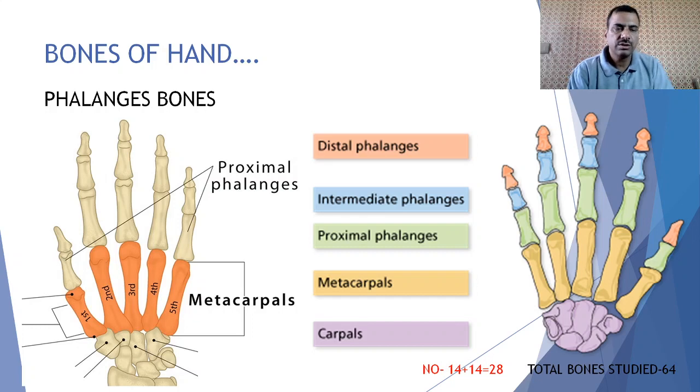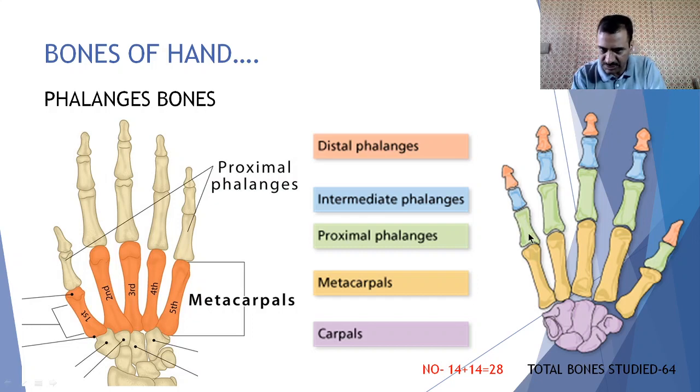Now we come to the phalanges. Dear students, phalanges are long bones, and the number is 14. So 14 phalanges in the left hand and 14 phalanges in the right hand, so a total of 28 phalanges are there.